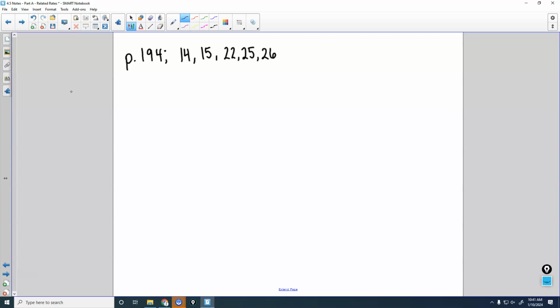Okay, yeah, all these are good. 22 does have a picture that goes with it, but it's down below 21. If you see that picture, it will help you a lot to know what to do with that. So 22 does have a picture with it.